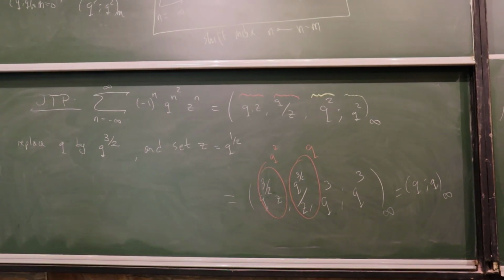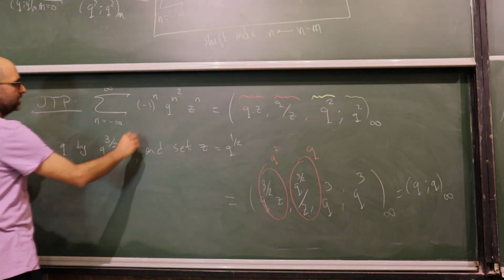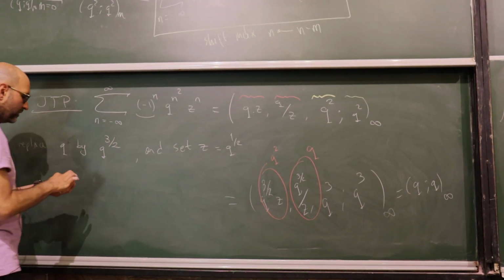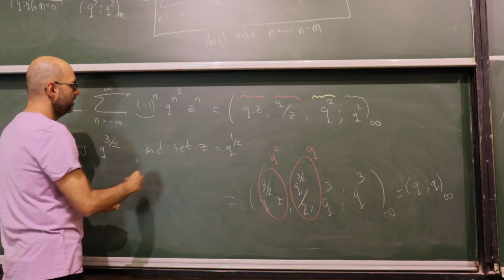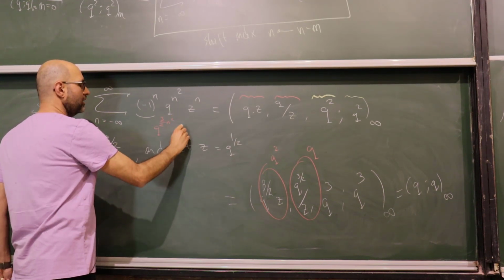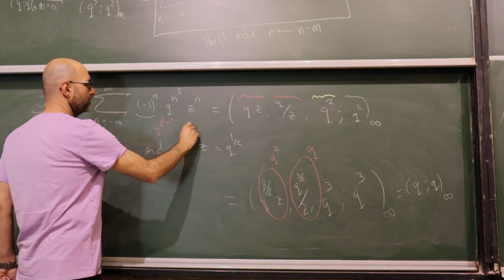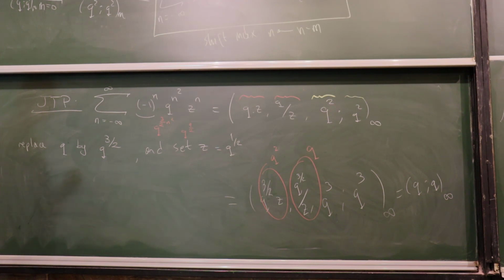What happens on the left-hand side? So let's see. Minus 1 to n stays. Q to n squared is going to be Q to 3/2 n squared. Z is going to be Q to n over 2. Am I right? I think I am. Okay.